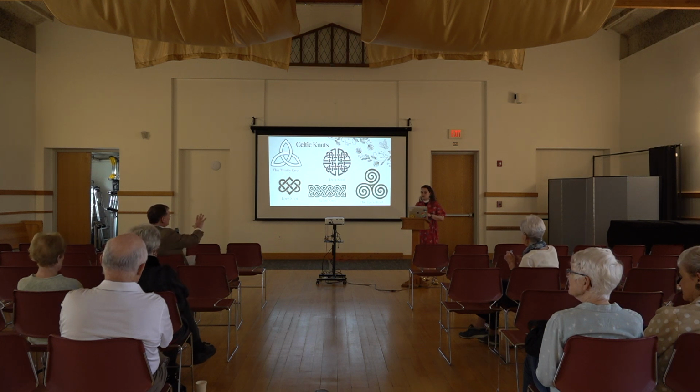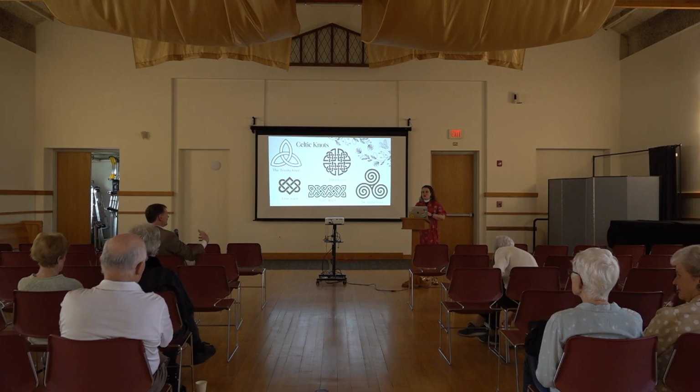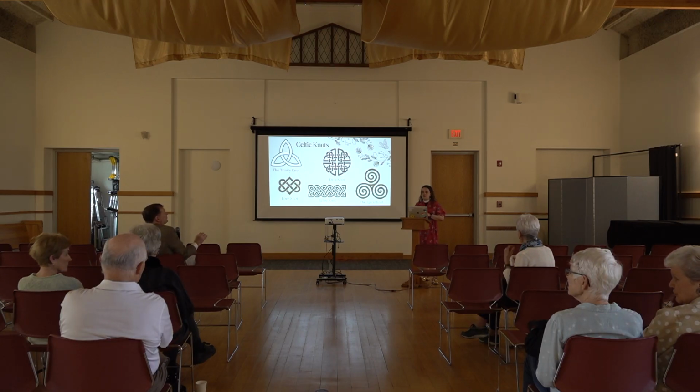Do you have any sense of the form of these knots and such? I usually see them as something on a flat surface, like on paper, like drawn knots. Right. Would they be metal or wooden? Would they be kind of homemade folk art, or would they be the result of some craftsman?